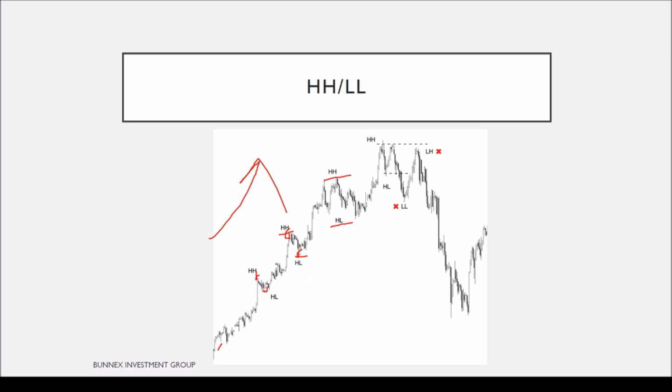Seeing such an arrangement of peaks within the market tells us what trend we are in. Then, as you can see, we have a lower high, a lower high, a lower low, a lower high, a lower low, going on. This also tells us that we are in a downtrend.